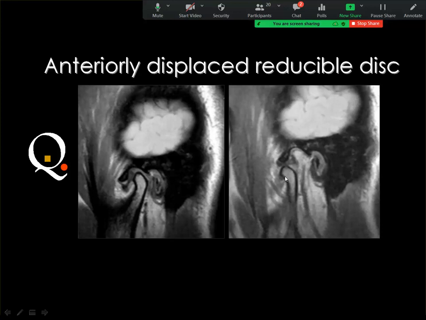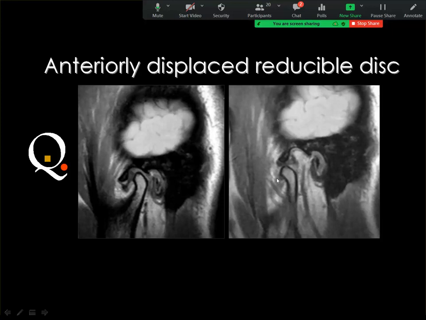But in the open mouth, the narrow part is exactly between the temporal eminence and the mandibular condyle. So the disc is anteriorly displaced in the closed mouth and retains its position in the open mouth. This is known as reducible disc.